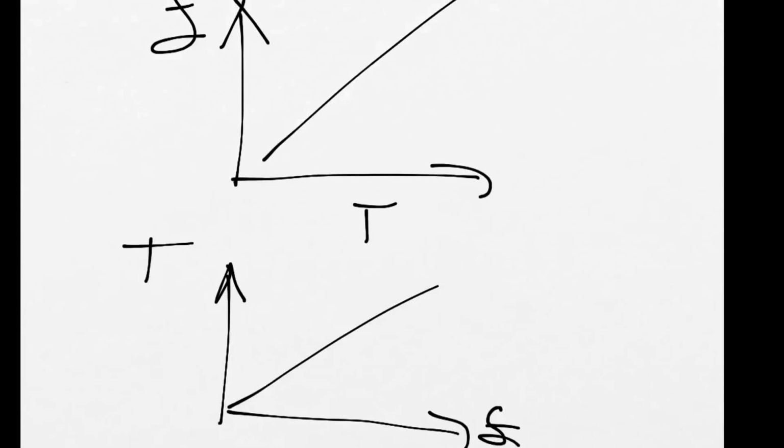Does that imply the more ice cream I sell, the hotter it gets? No. So you need to be very, very careful with these statements. And you need to be really careful with trend lines. Make sure that you really understand what these data tell us.